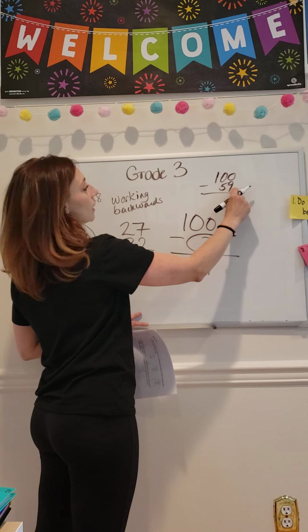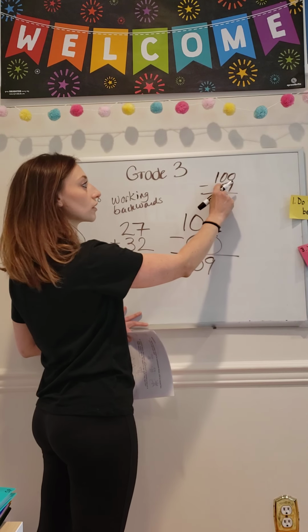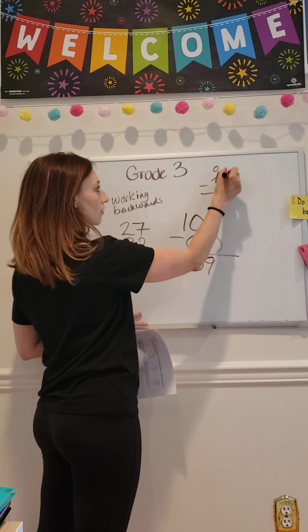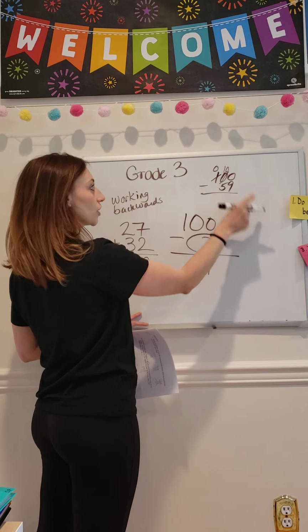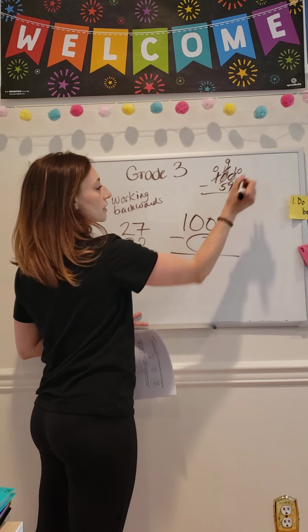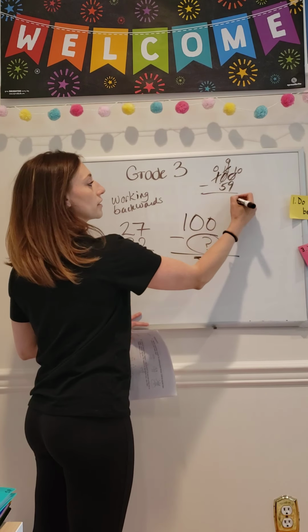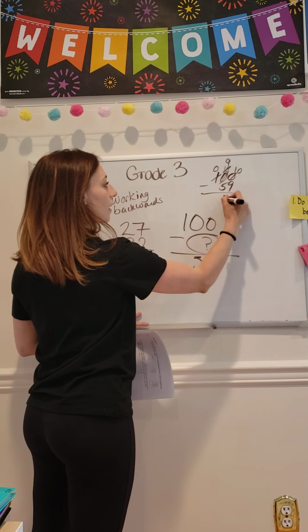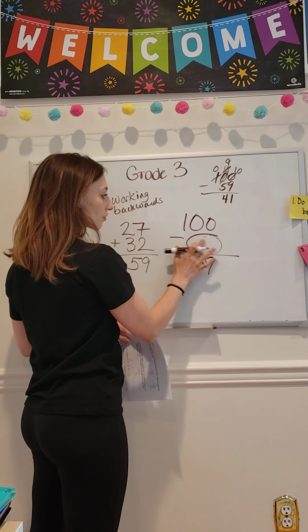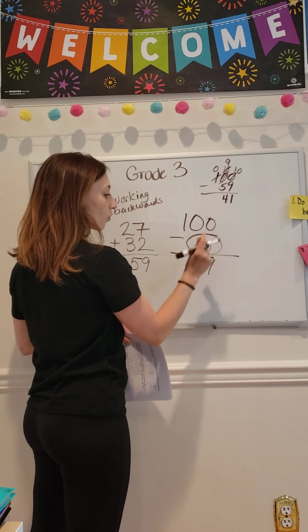So 0 minus 9, I can't do that. And I can't borrow from another 0, so I'm going to go over to the 1, cross it out, it becomes a 0. This becomes a 10, which now I can borrow, cross out the 10, make it a 9, and this is now a 10 as well. 10 minus 9 is 1, 9 minus 5 is 4, 0 minus 0 is 0. So my mystery number is going to be 41.